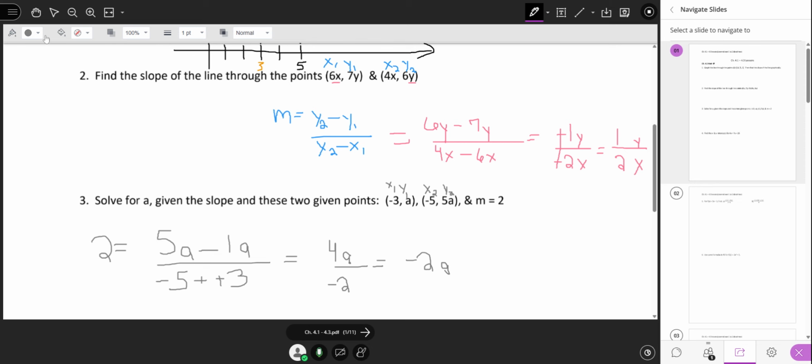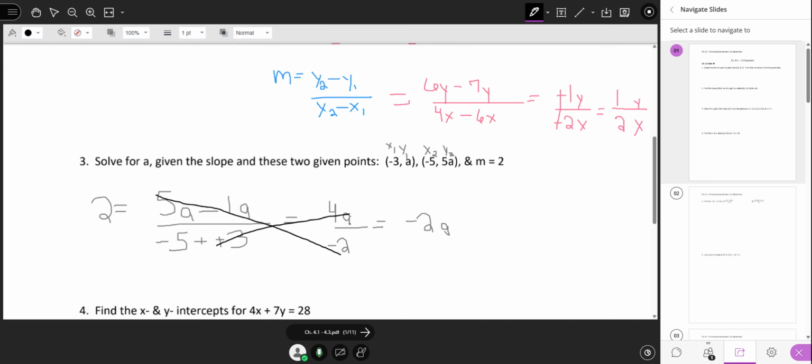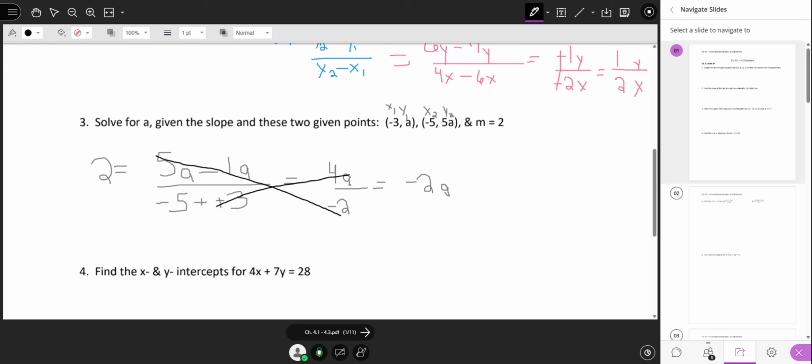Now, I'm going to eliminate all of this middle, and that gives us 2 equals -2a.